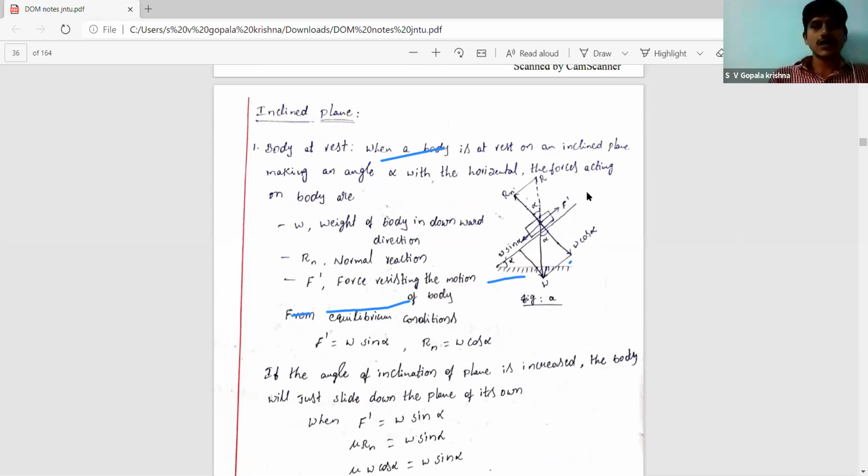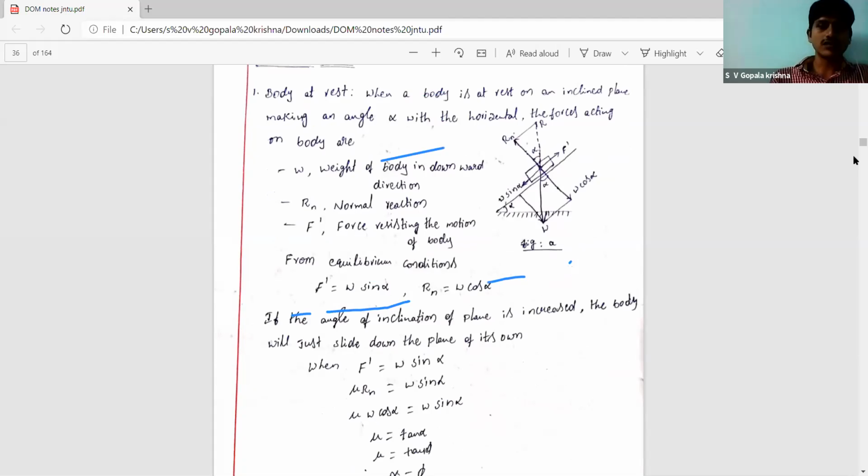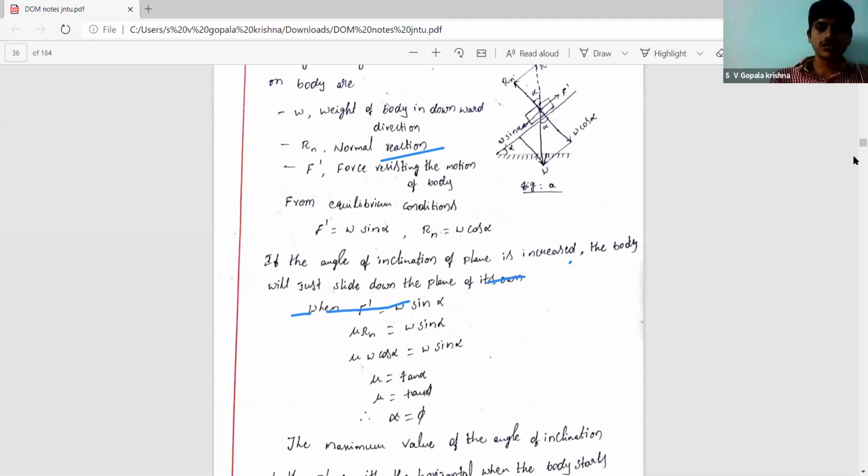Those are again derived in our material. So for a body at rest position, how many forces are acting on the inclined plane? How do we find the force, frictional force values and torque values? So they are calculated here.